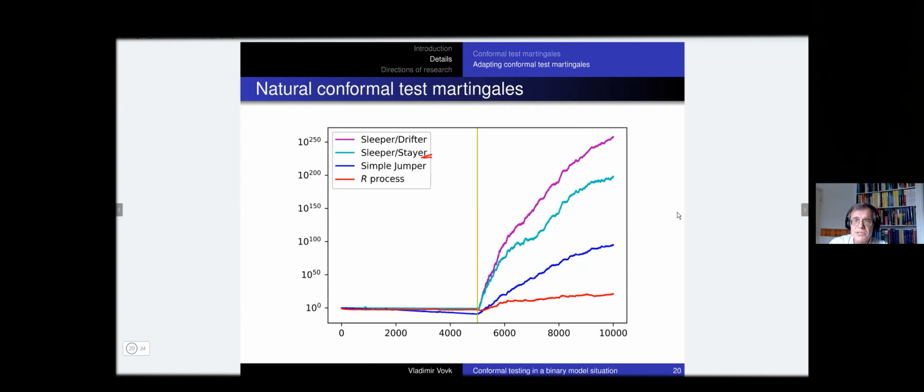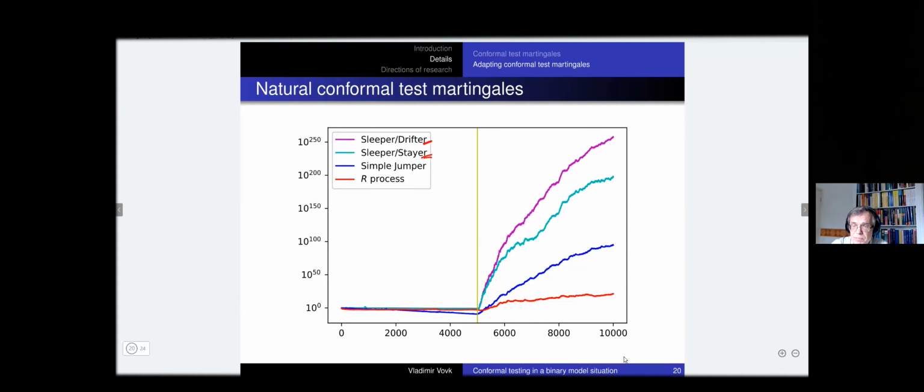And then you can use sleeper drifter, which is optimized only very slightly. It doesn't use, for example, the knowledge of where the change point is, 5,000. It doesn't use much information at all. It's something that can work well outside this simple model situation.